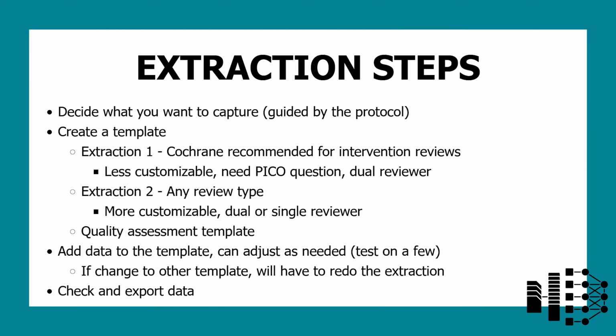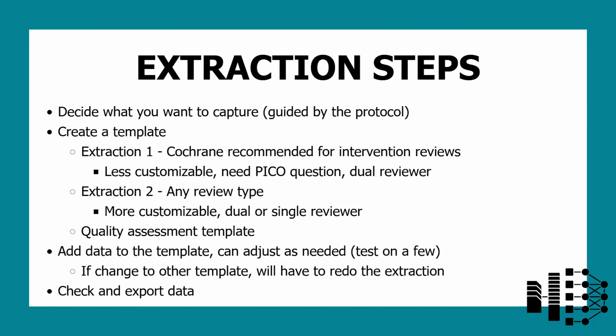You can adjust the data. So say you start and you pilot a couple of articles through the data extraction, you realize you need to add something, or maybe you don't need to gather things. You can adjust as needed. However, if you go from extraction 2 to extraction 1, the data doesn't go along with it. So you would have to redo any of those articles if you choose a different template.